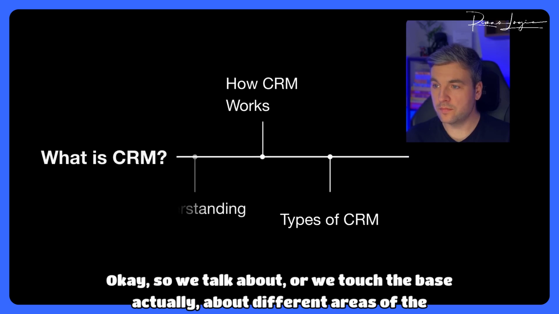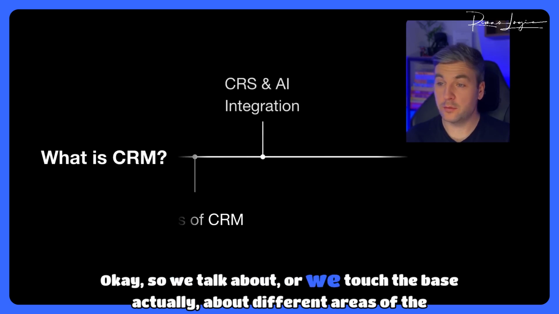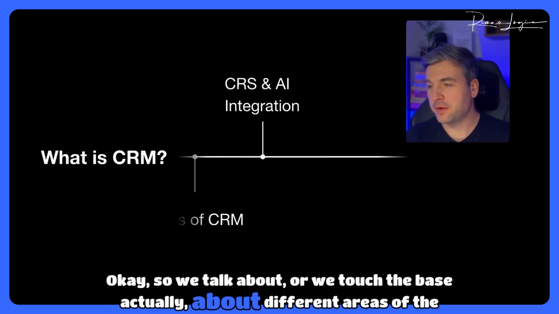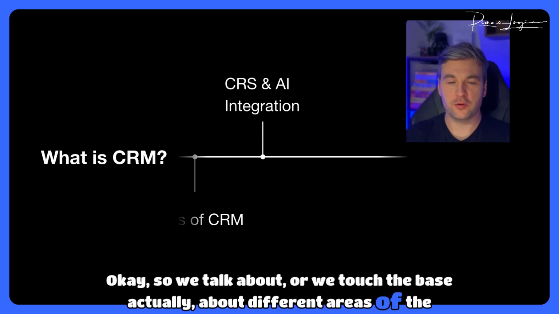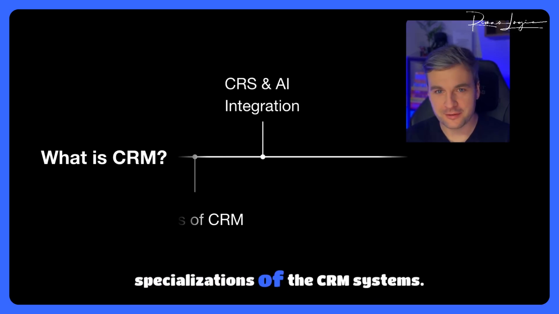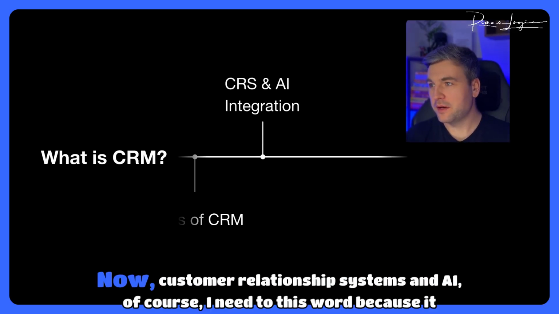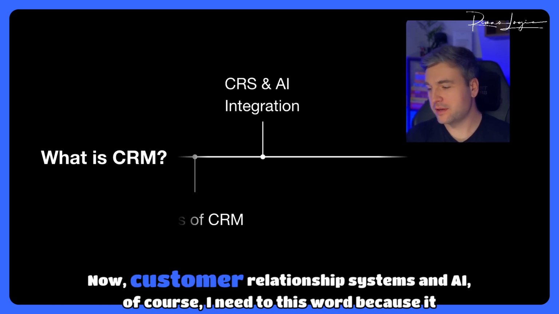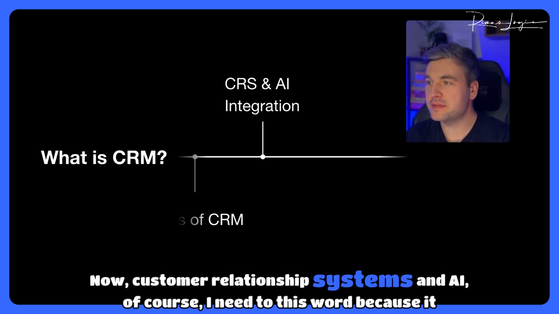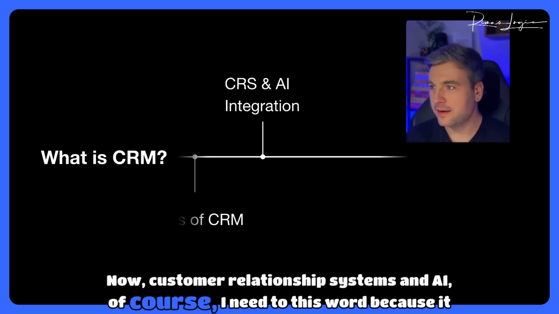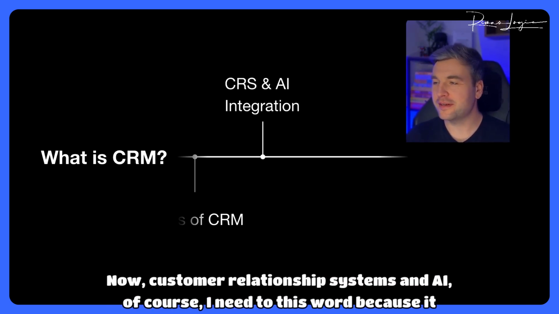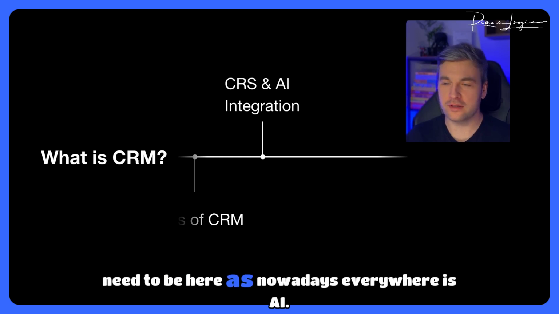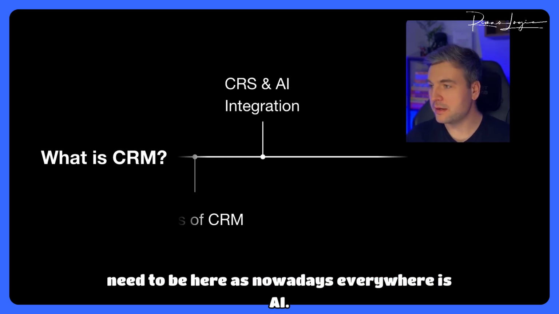Okay, so we touched the base about different areas, or the specializations, of CRM systems. Now, customer relationship systems and AI. Of course, I need to put this word because it needs to be here, as nowadays everywhere is AI.